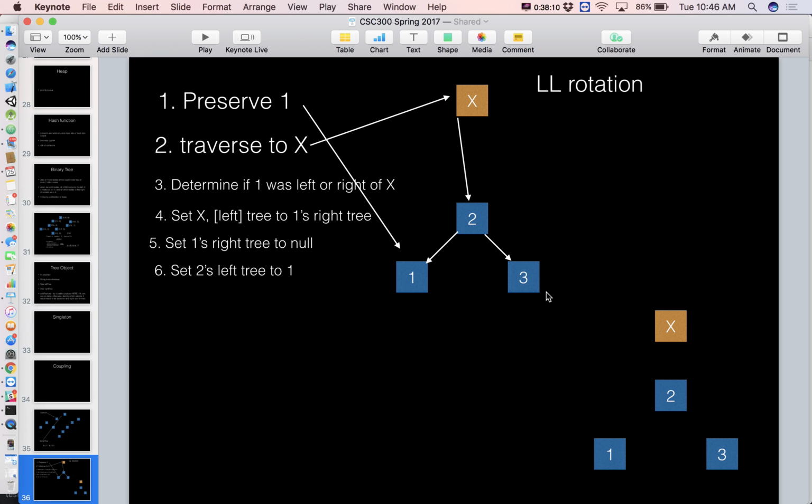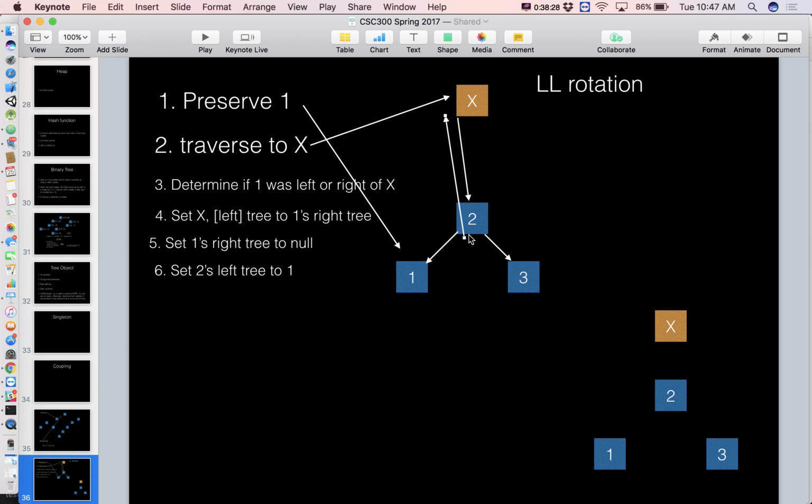If you happen to do anything where you keep track of your parents, you'd want to make 1's parent... Excellent point. So if we did go down the path where nodes know about their parent, that is, we have double lines here.